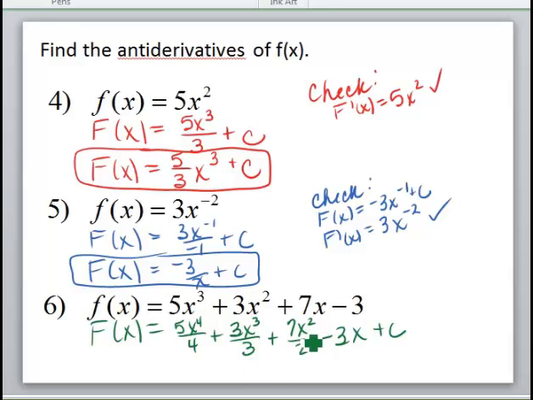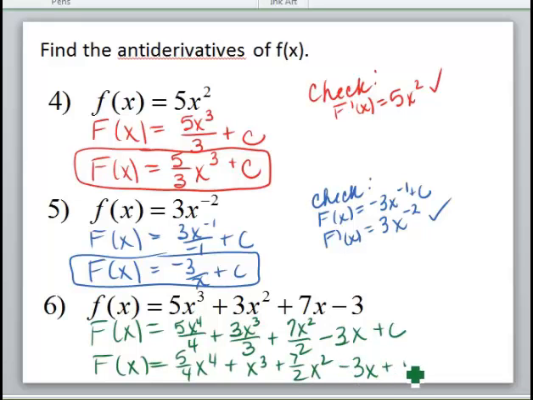Keep your constant, raise your power by 1, put it over the same power. Minus 3, there is no power, it's x to 0, so we are putting x to the first over 1, and we're done. You can clean this up as well by saying this is 5/4 x to the fourth plus x to the third plus 7/2 x to the second minus 3x plus c.